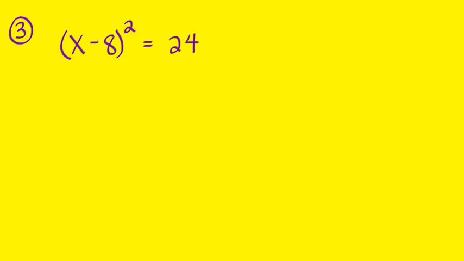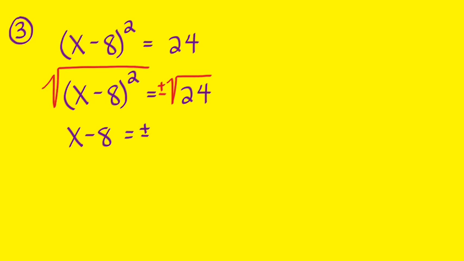Let's try it again. What happens if it's not a perfect square when you go square root? Well, that's okay. I can still look inside and square root what I see, right? Just like I did every other time.